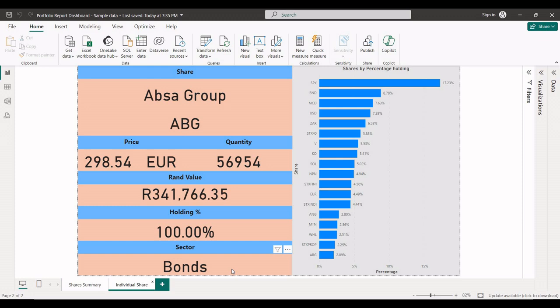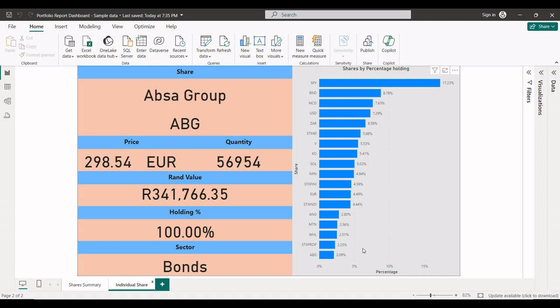So looking at the information for a particular share rather than the previous one where the breakdown was on sector, currencies, and portfolio. So in its unfiltered state, the only pieces of information on the panel on the left that makes sense is the total Rand value, as well as the holding percentage, the 100% holding percentage.